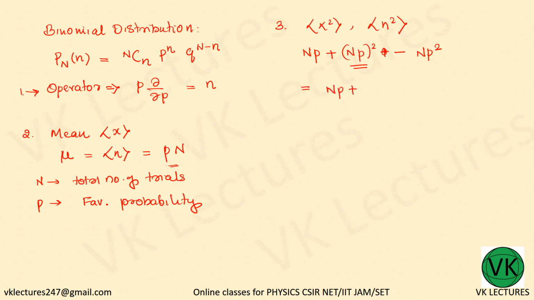So the average of n squared minus the square of the average of n is equal to np minus np squared.